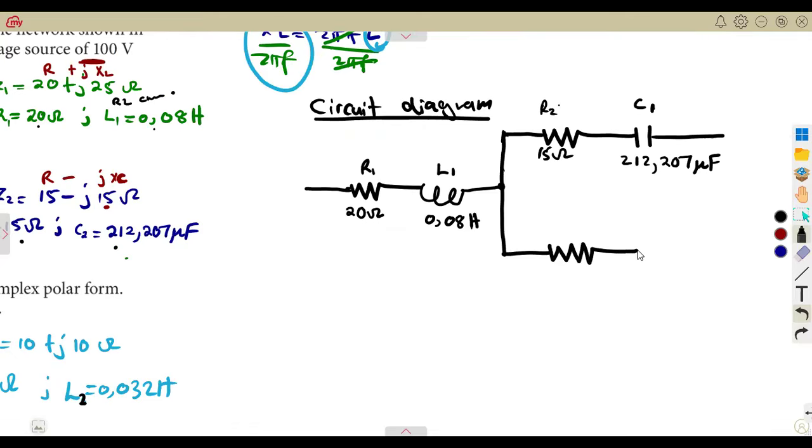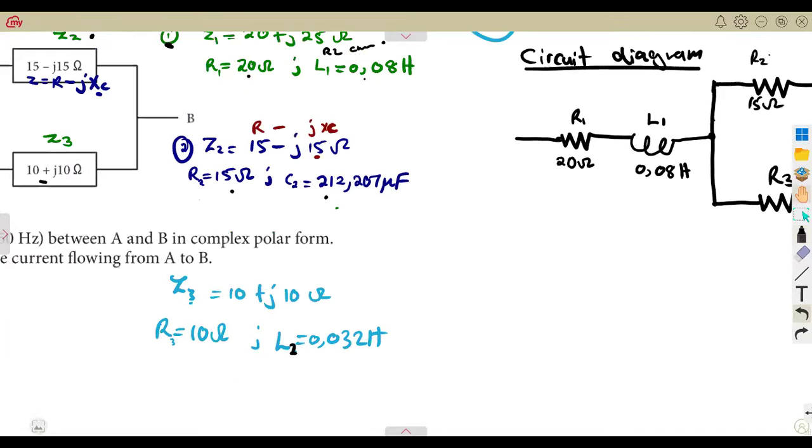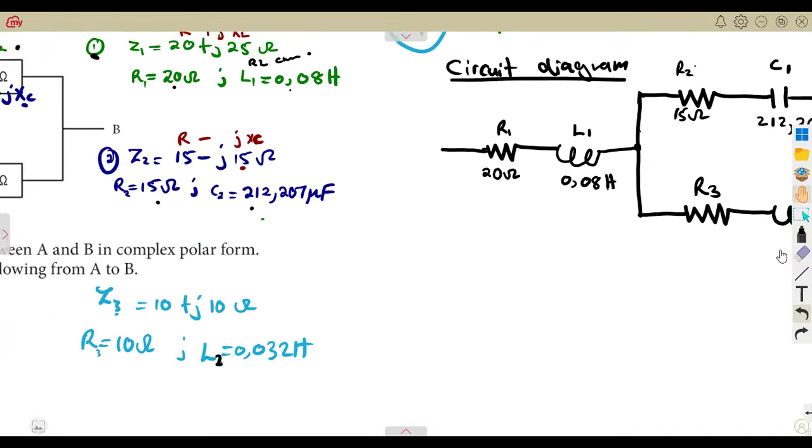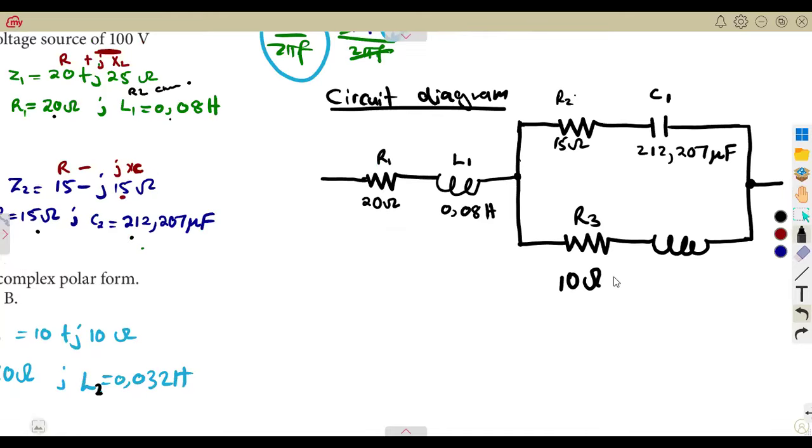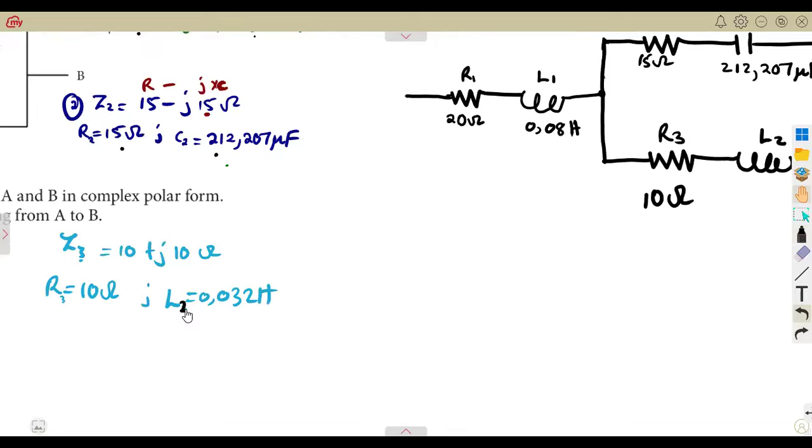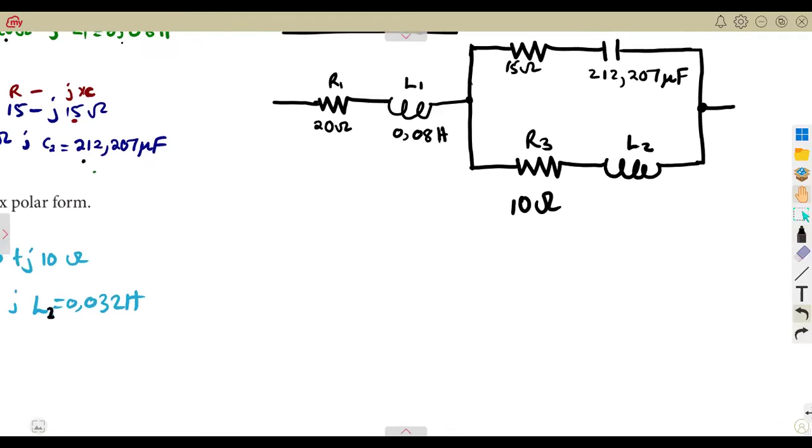I'm just going to have this R1, R2, and this is R3, which is the 10 ohms. Since I have inductor 1, I'm going to write this as my L2, representing that L3 that you had from that part. Do not worry about that. That is 0.032 henries.